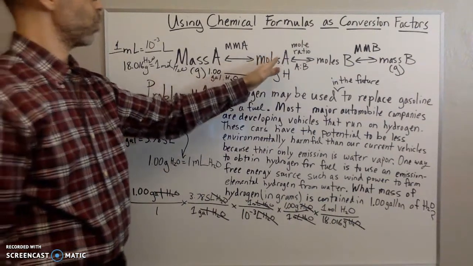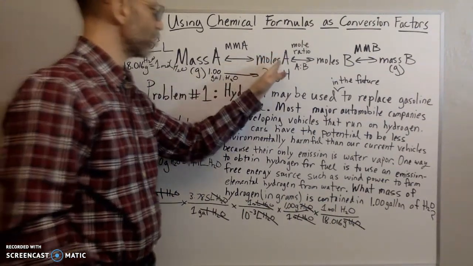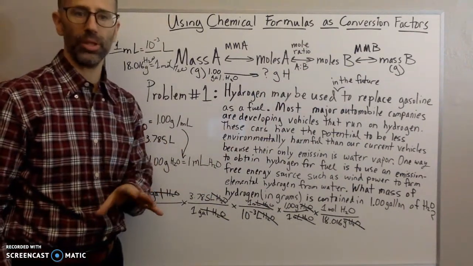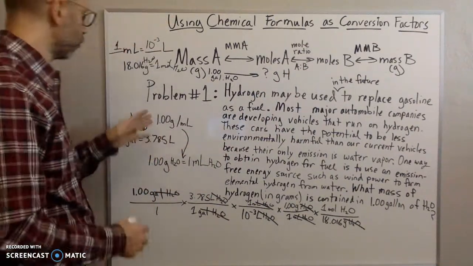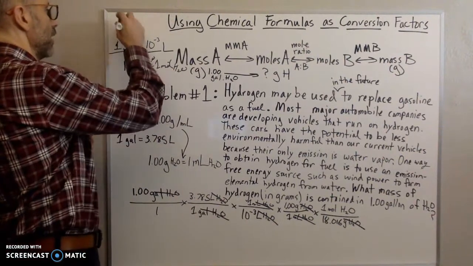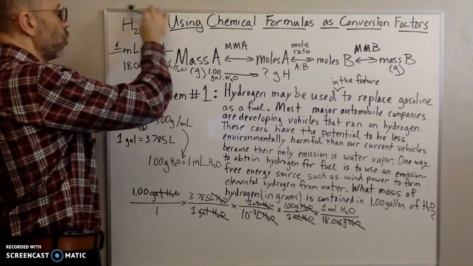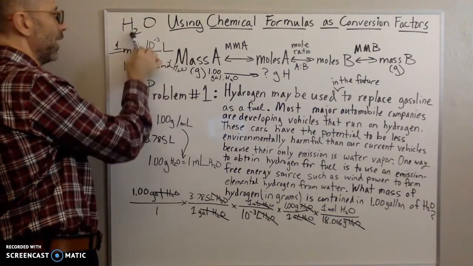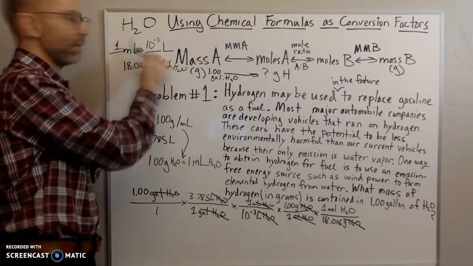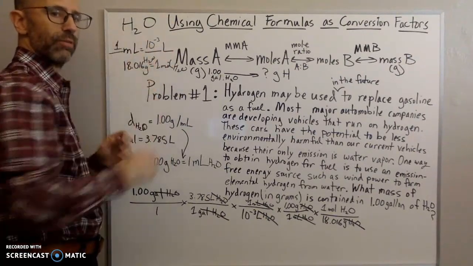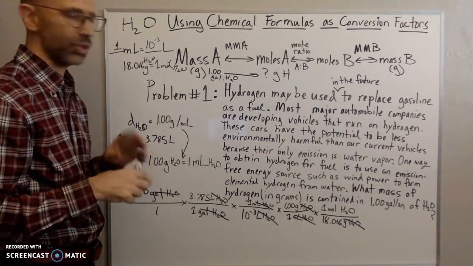Now I need to use the mole ratio between water and hydrogen, and that's where the formula is going to come in. So the formula is H2O. So for every 1 water, I have 2 hydrogens. So that means for every 1 mole of water, I have 2 moles of hydrogen. So the ratio is 1 to 2.